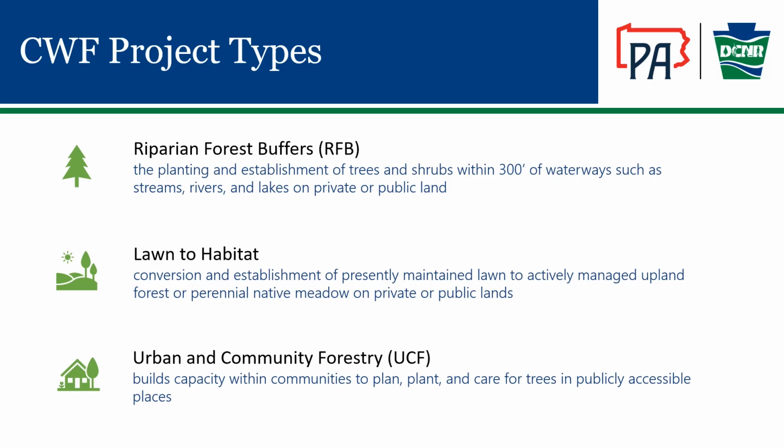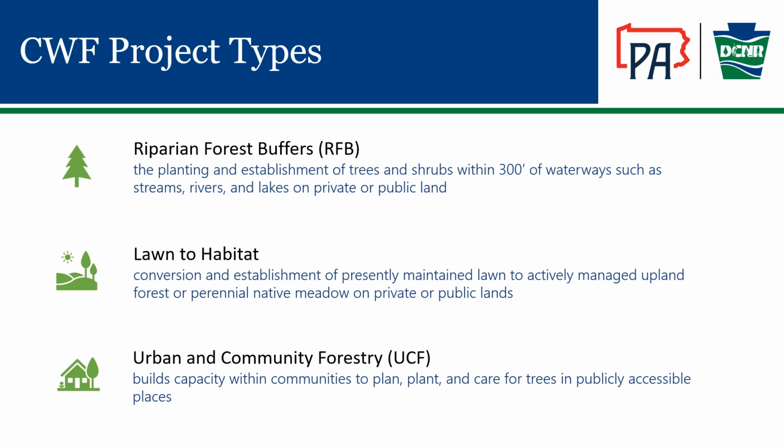The Community Watershed Forestry Program offers funding for 3 watershed forestry practices. The first, riparian forest buffers, establish trees and shrubs within 300 feet of waterways, such as streams, rivers, and lakes, on private or public land.